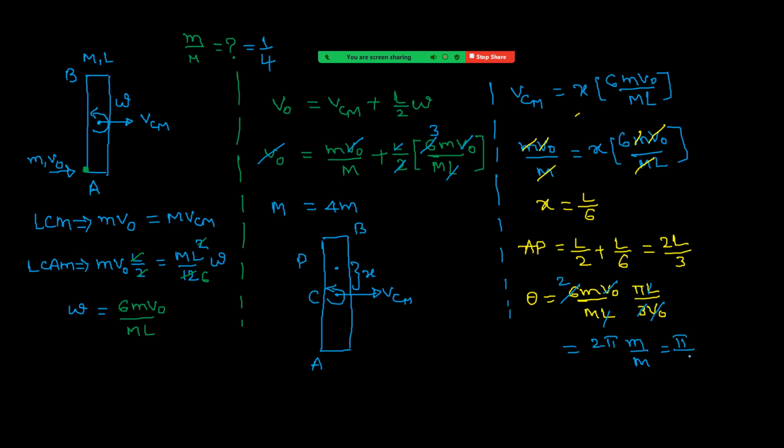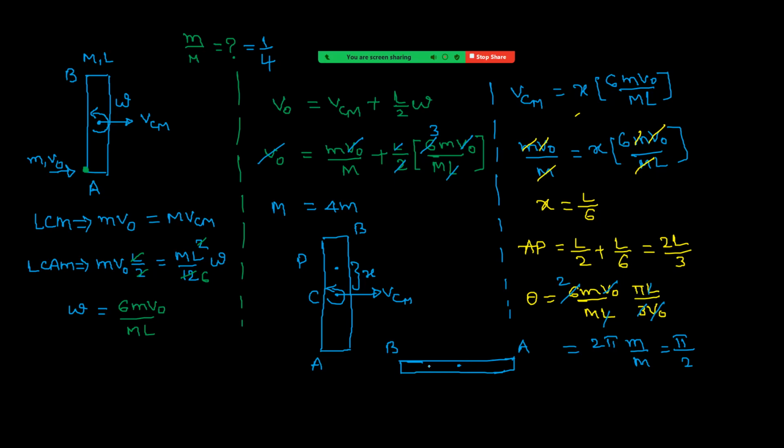This is now pi by 2. That means now rod rotates by an angle pi by 2. That means now rod will be like this. Right? Rotates by 90. So this end is B and this end is C.